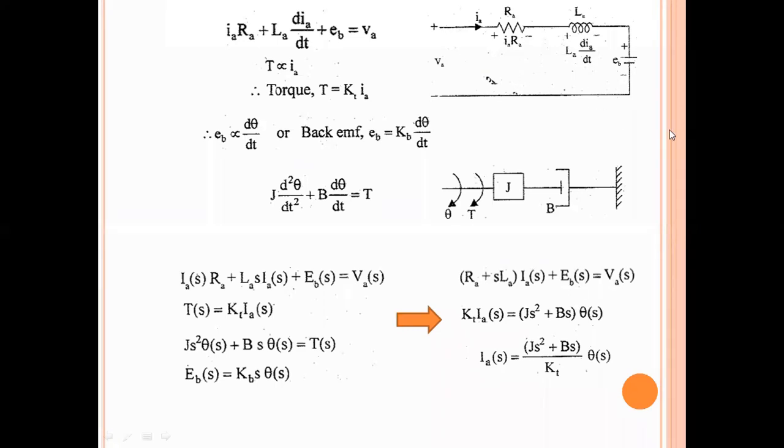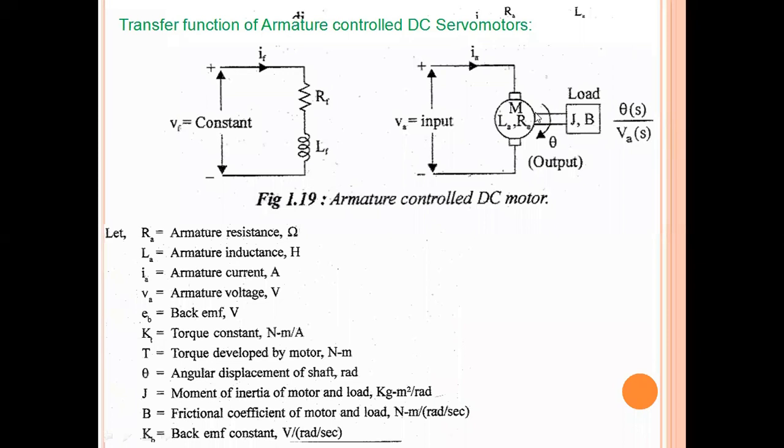And not only this, we have to represent the mechanical circuit diagram also, because there is a shaft rotating with the angle theta, and the shaft has some weight along with its load, because the motor has to handle a load. The load weight and the shaft weight are completely denoted with the letter J, and we have friction between the fixed point and the shaft with the bearings, right?